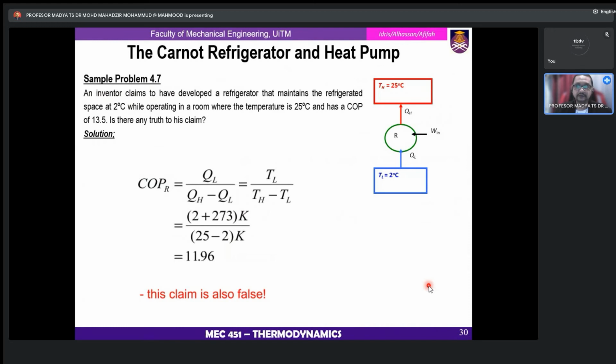You know the values of the high and low temperatures, so put in all the values and you will get a COP refrigerator of 11.96. So what happened? This claim is false, because it claims a COP of 30.5, but when you make the calculations, you only get 11.96. So it is false.